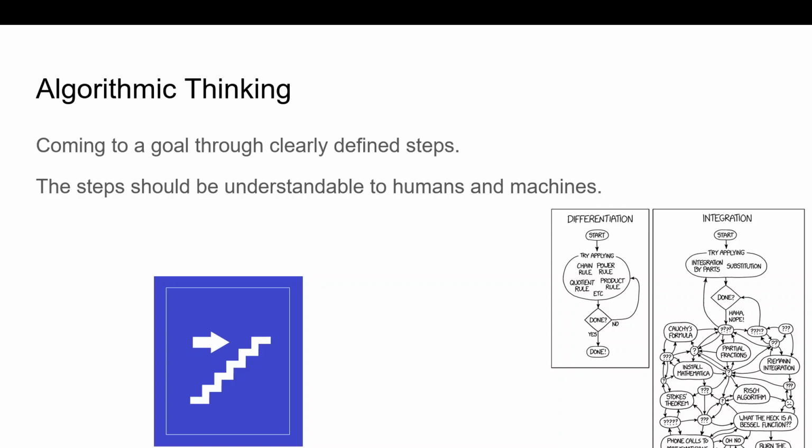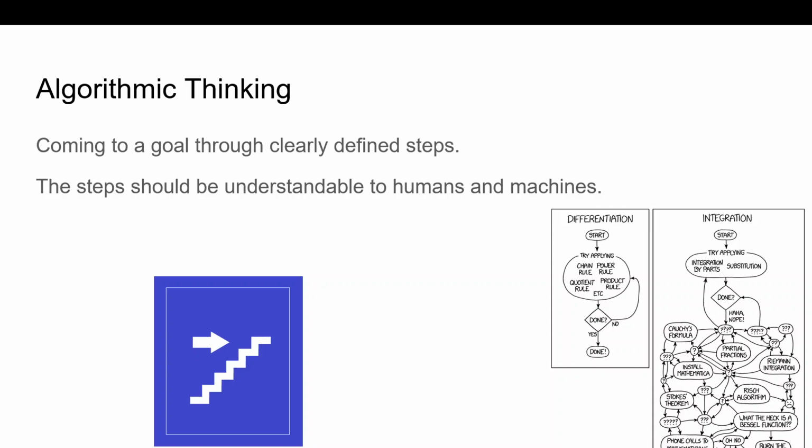The benefit of this is that the steps that we are taking to get to the goal should be not only understandable by machines, so it is not only about writing actual code, but it can also be understandable only to humans. So we are writing down what we are doing in an algorithmic way where we can then follow through by following only those clearly defined steps.